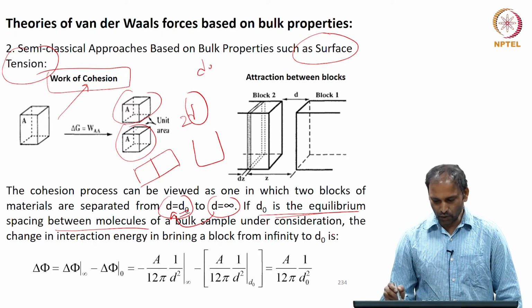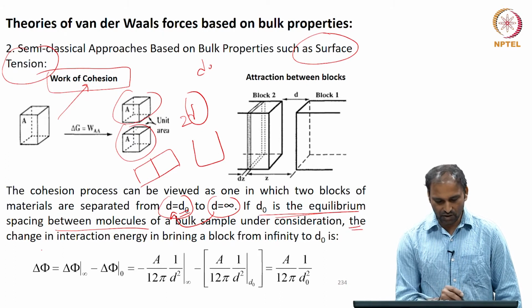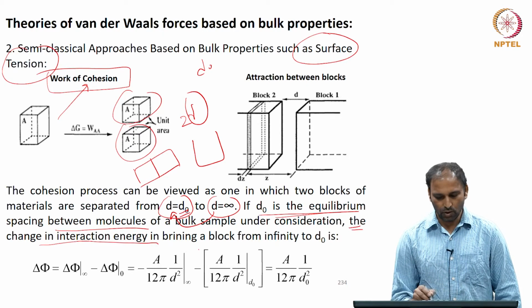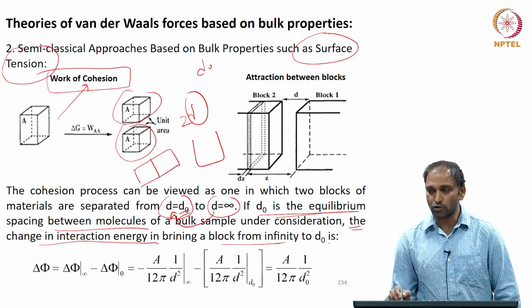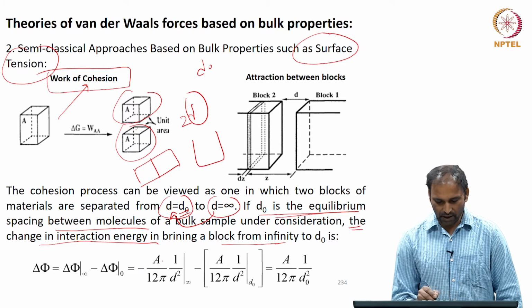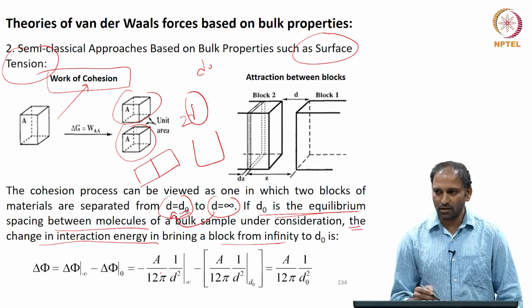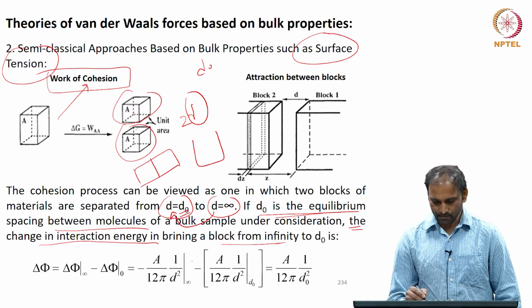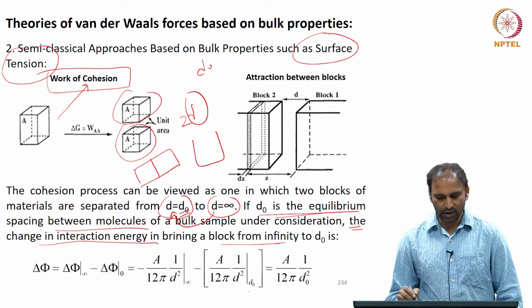So, you can calculate the change in the interaction energy to bring a block from infinity to d naught. That essentially is minus A divided by 2 pi, 1 over d squared, because I am considering a case of 2 semi-infinite blocks, from infinity to d naught.